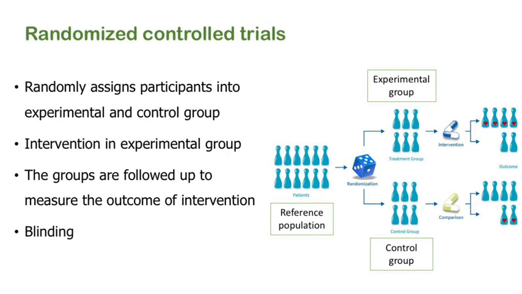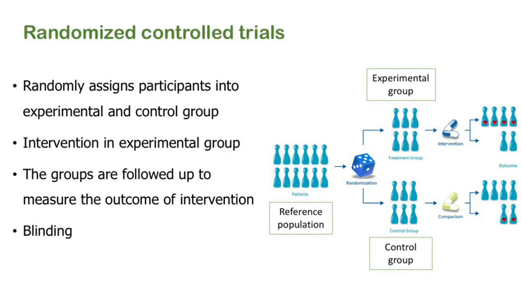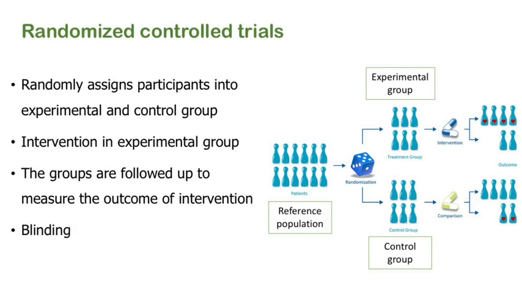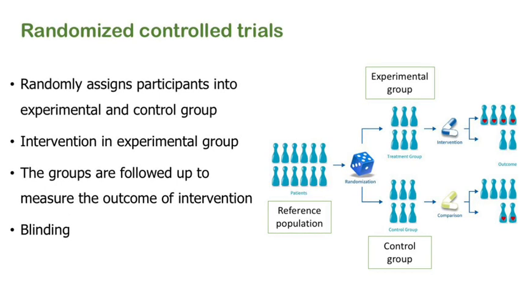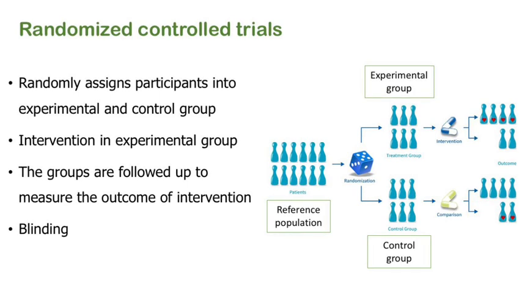The investigator is randomizing and he does not know whom he has grouped into control group and whom he has grouped into experimental group. And the intervention is given to the experimental group and the placebo is given to the control group. That also the investigator and the participant do not know.